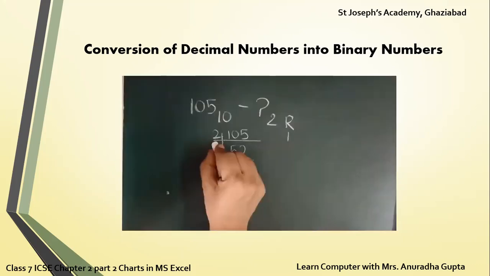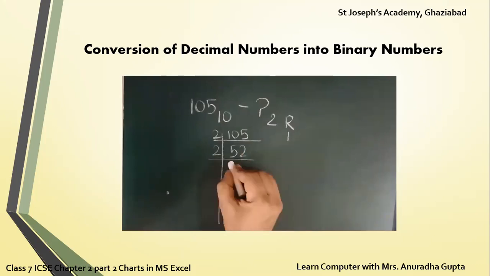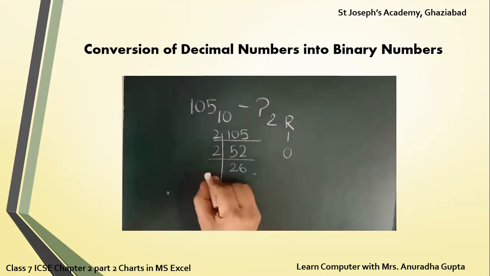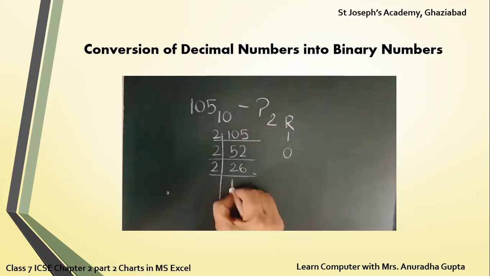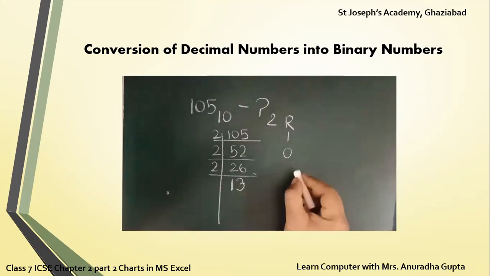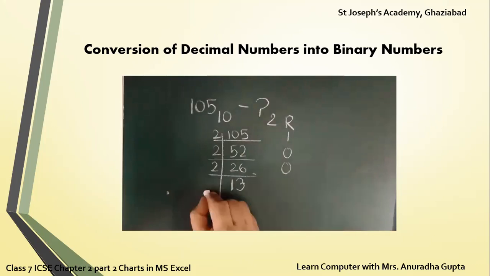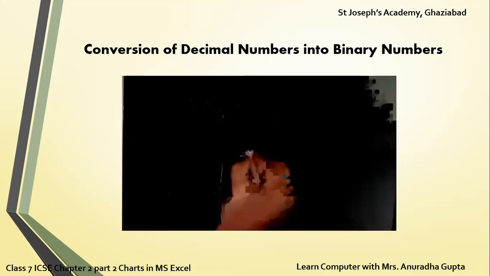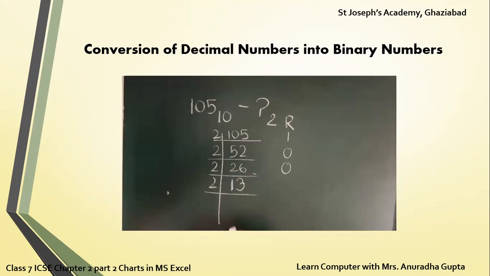52 divided by 2, we will get 26. Remainder is 0. Again we divide 26 by 2, we will get quotient 13. Remainder is 0. Again we divide 13 by 2, we will get 6. Remainder is 1. Again we divide 6 by 2, we will get 3. Remainder is 0.